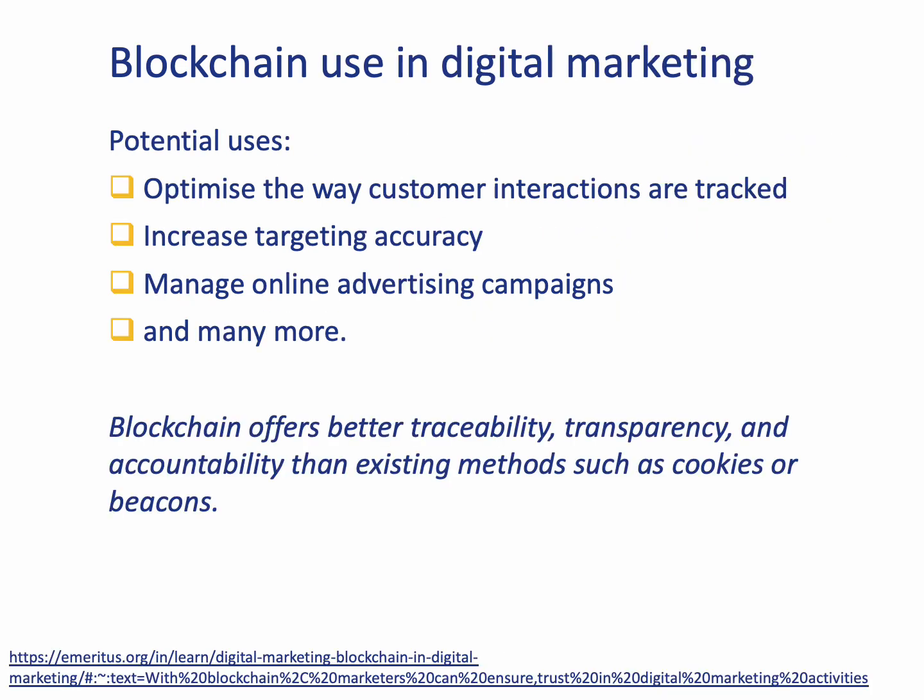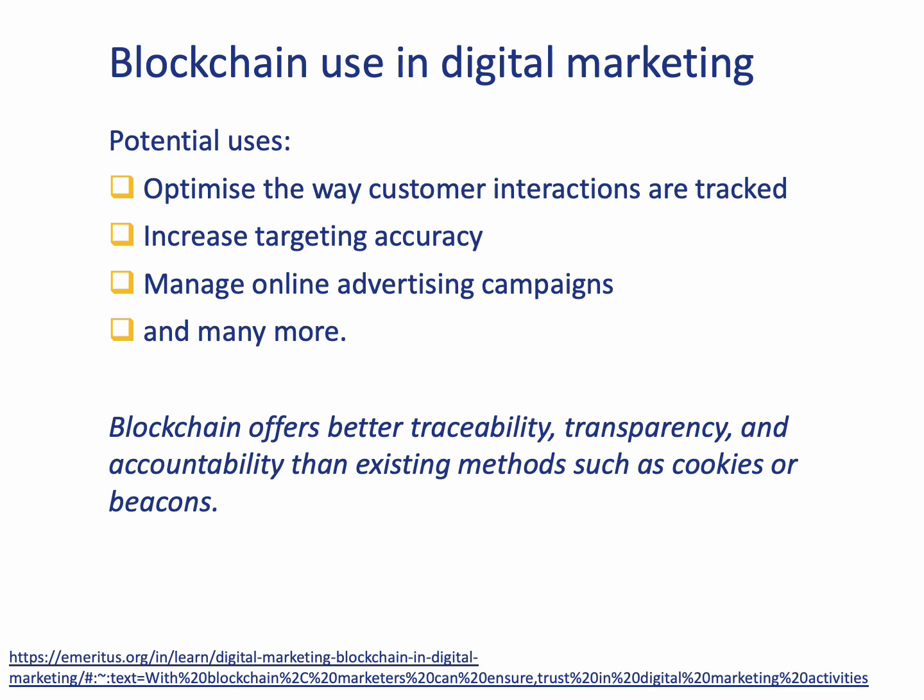When it comes to digital marketing, blockchain can help marketeers in a number of different ways. A few potential uses, just to mention, would be that it would allow us to optimize the way customer interactions are tracked. It may increase targeting accuracy. It even allows us to manage online advertising campaigns.